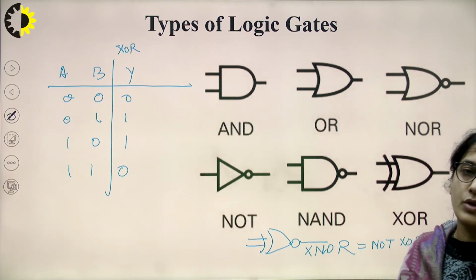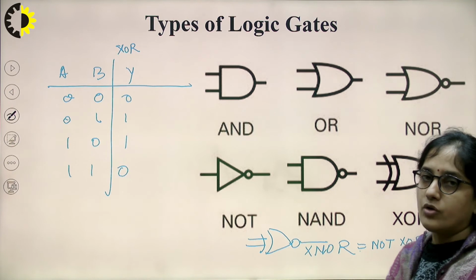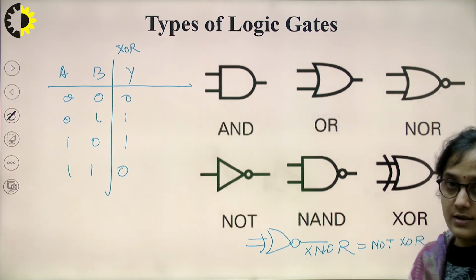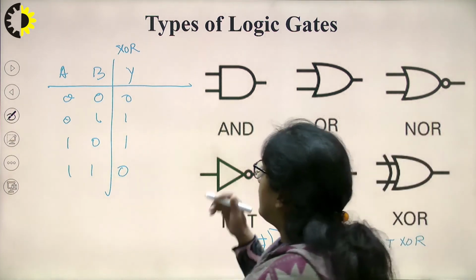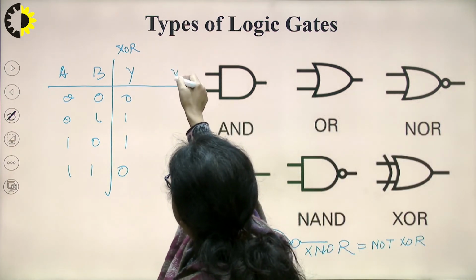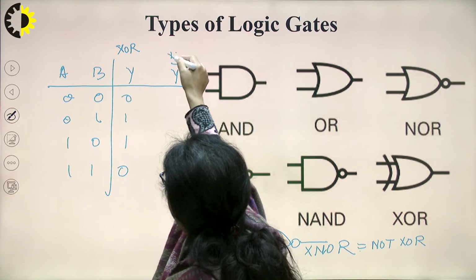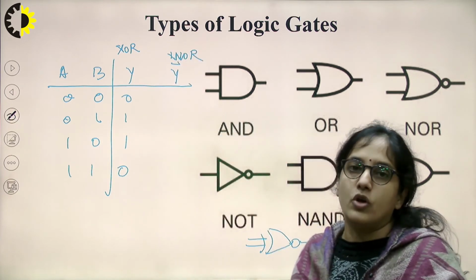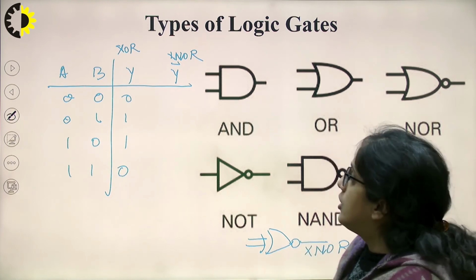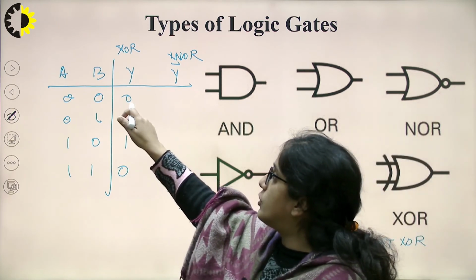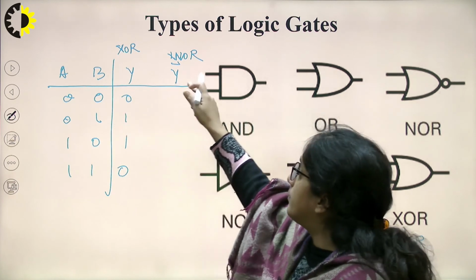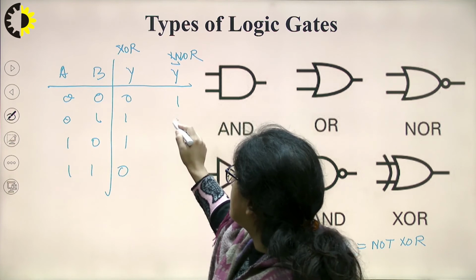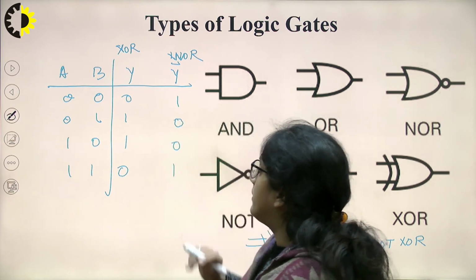It means we are inverting the output of the XOR gate. So, XNOR will be the NOT operation of XOR. The input to the NOT gate is 0, 0, 1, 1, so the output will be 1 0 0 1.